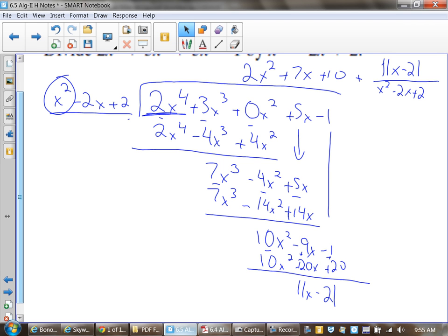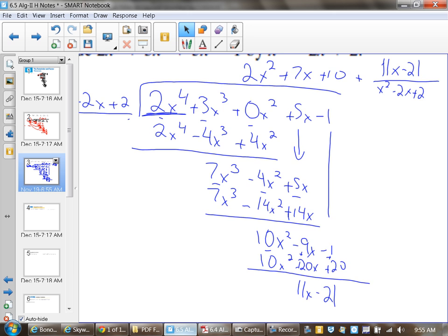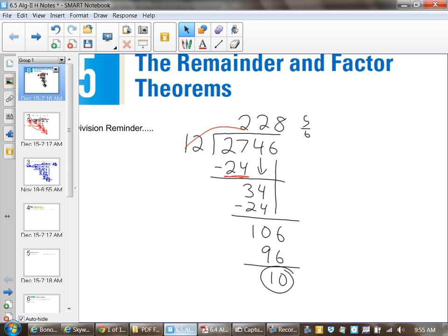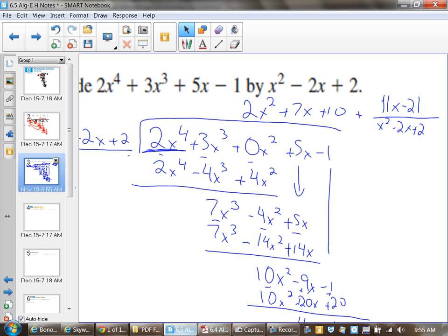It mirrors the same idea as what we looked at a second ago when we divided 12 into 2746. We had 228 and then we had that 10 twelfths as that remainder. All we did there was just simplify to the fraction.